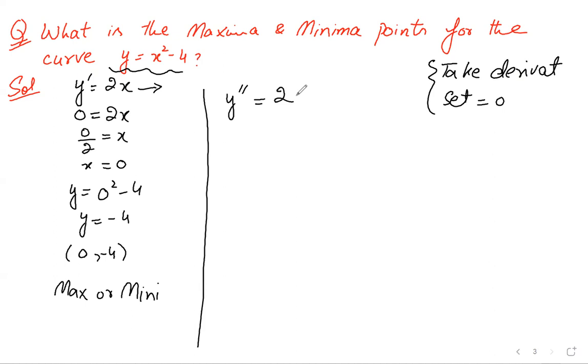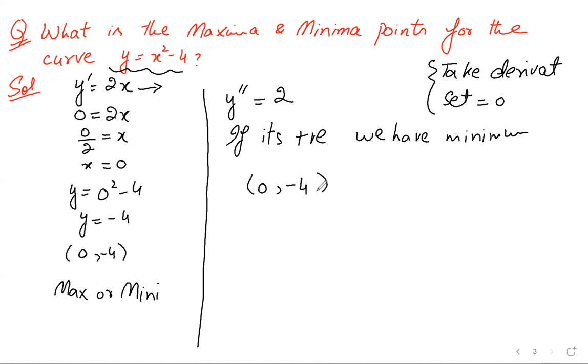Now if it's positive, then that means we have a minimum. Because my second derivative is positive, I can say that my points 0 and -4 are minimum points. So they are my minima.